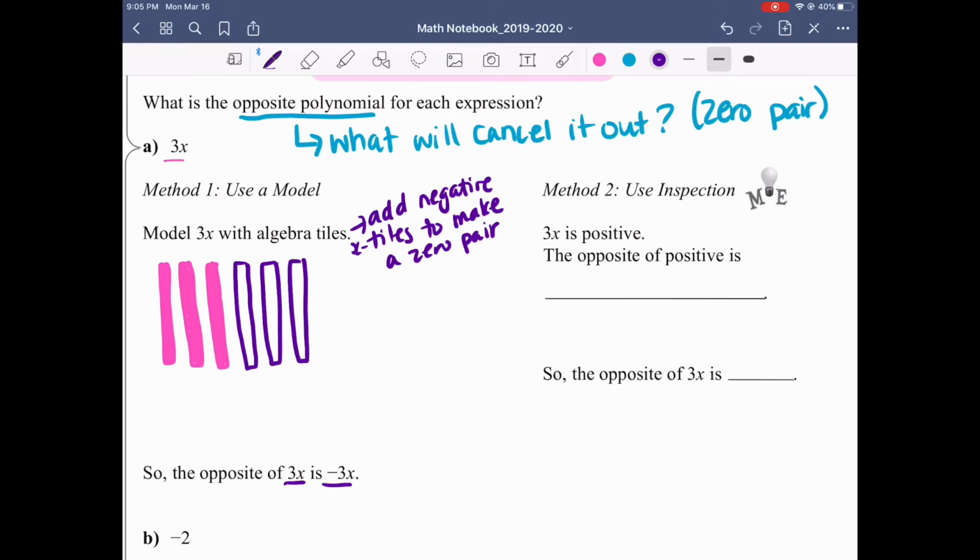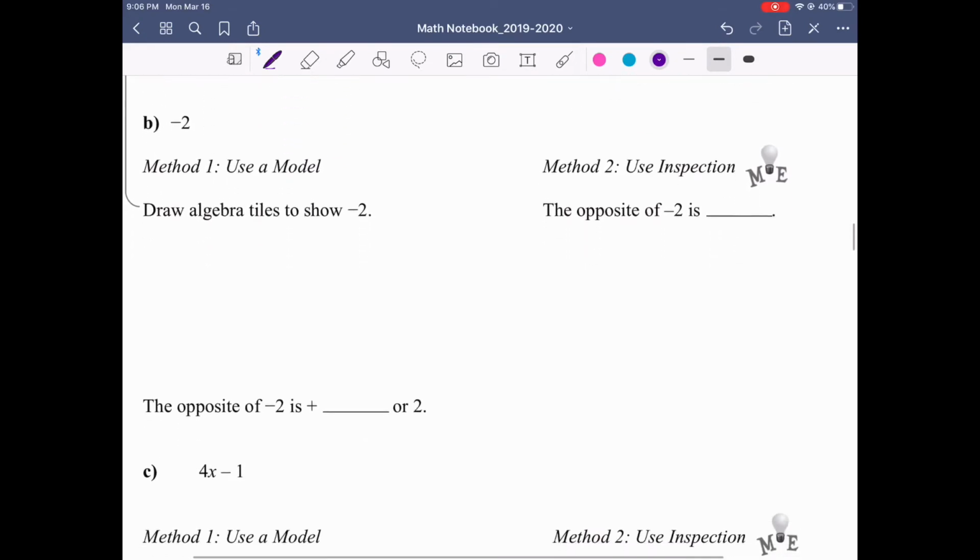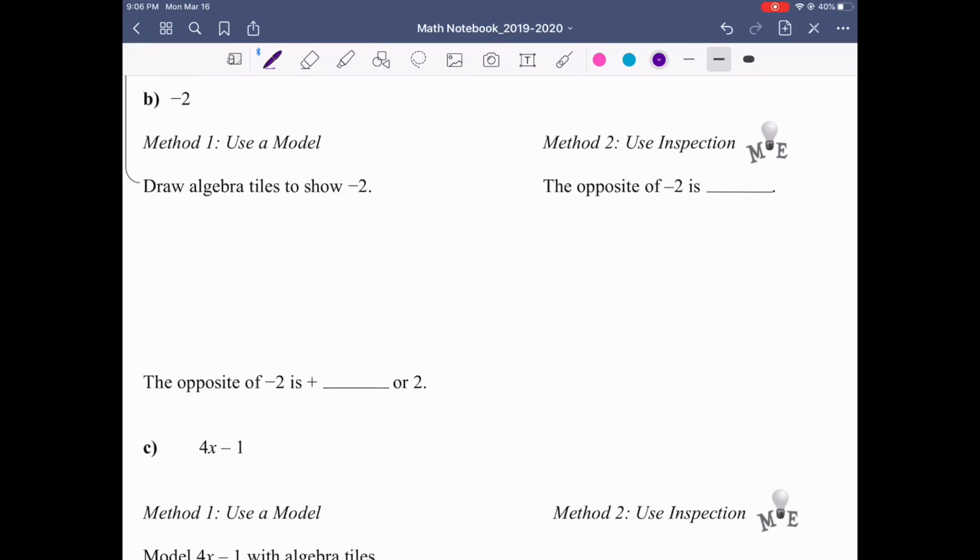Okay, and then method 2, guys, is just using inspection. 3x is positive. The opposite of positive is obviously negative. Okay, so the opposite of 3x is negative 3x. For negative 2, it works the same way. Okay, so use a model. If I have a model, I have negative 2 tiles.